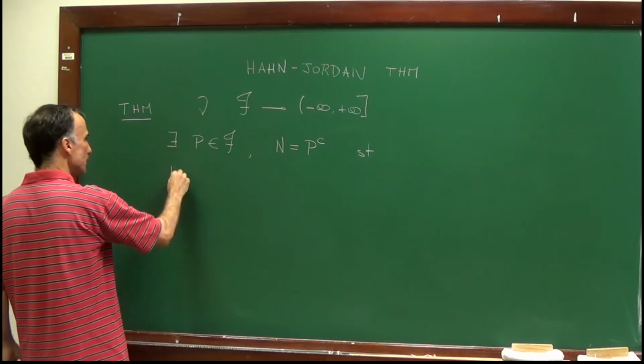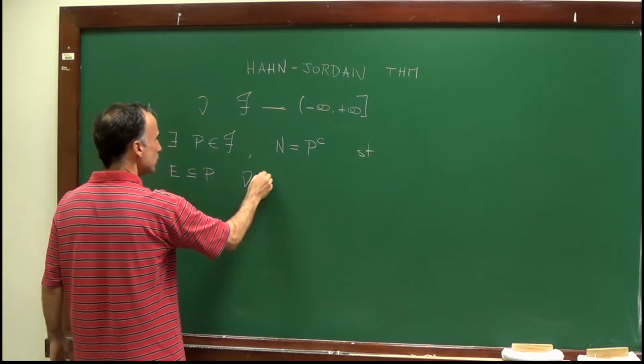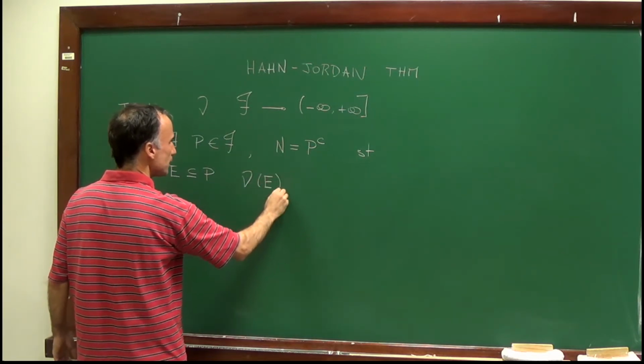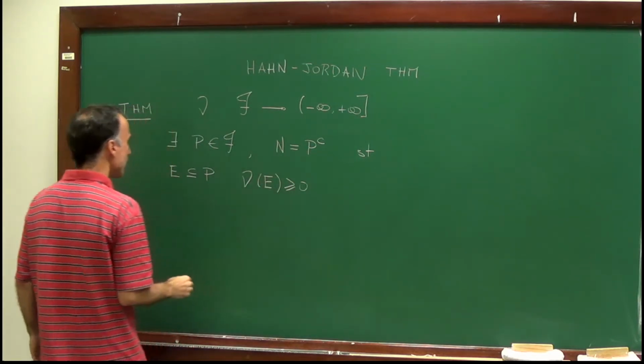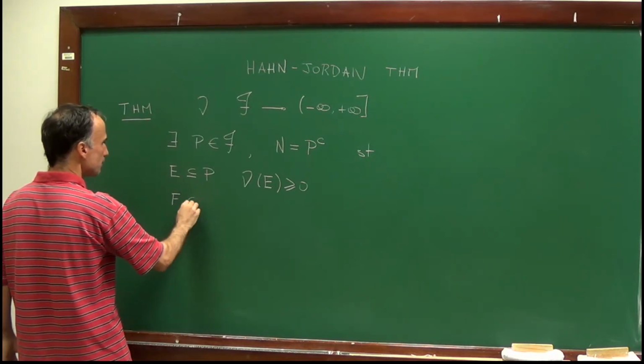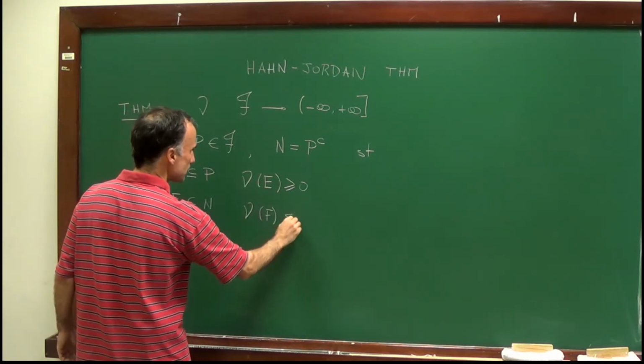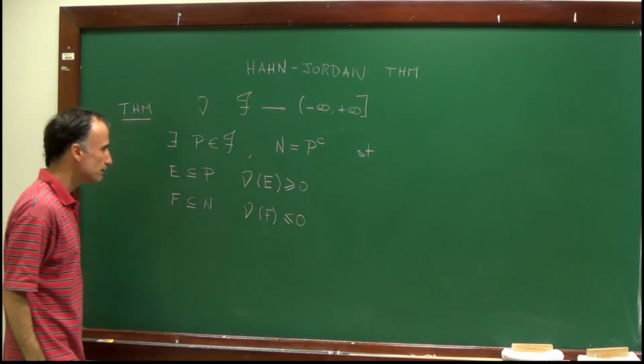If I take a set E, which is included in P, then nu of E is non-negative. And if I take any set F included in N, nu of F is non-positive.